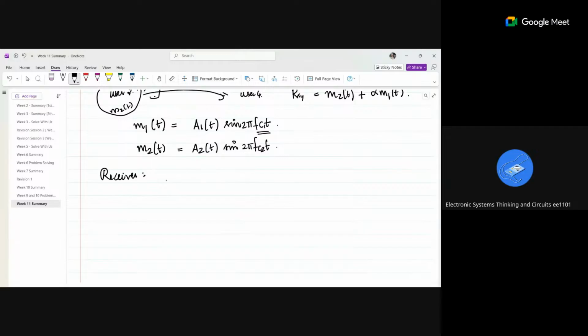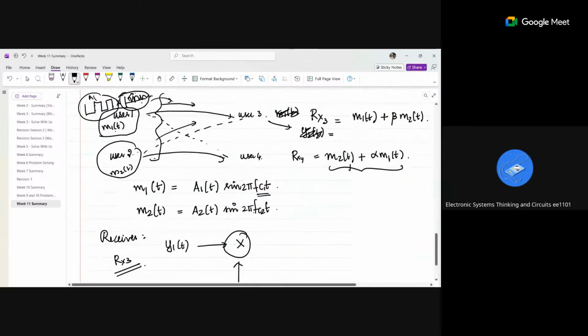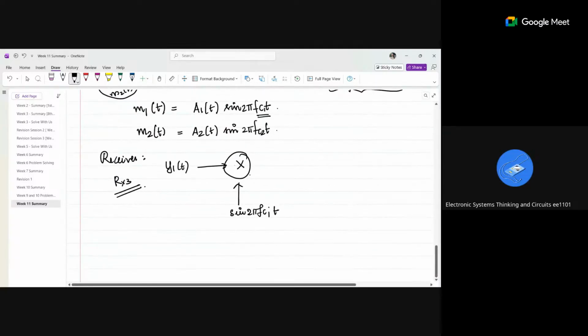this signal y1 of t, whatever signal we got here, is taken. If it is Rx3, user 3 knows the carrier frequency. User 1 has some carrier frequency, and user 3 will also know fc1 because he wants only the data from user 1. So it is multiplied by the carrier again.